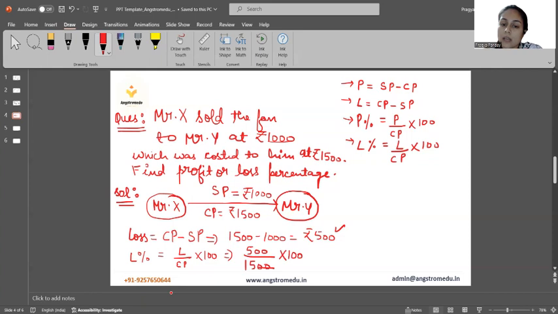So cutting the zeros, 5 threes are 15. It comes to about 100 upon 3.